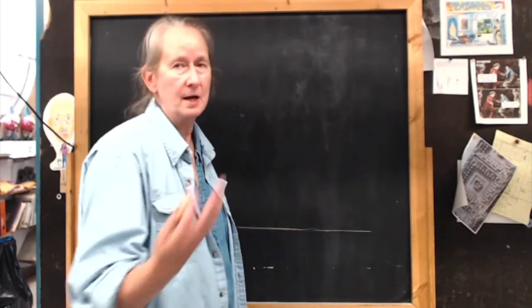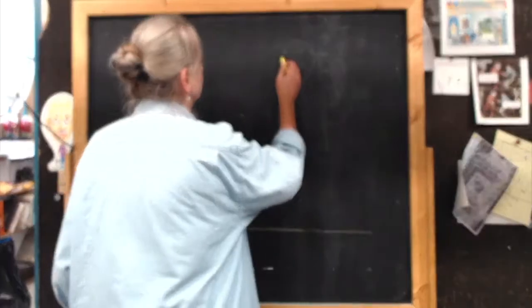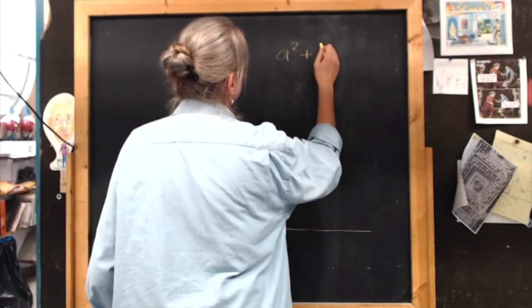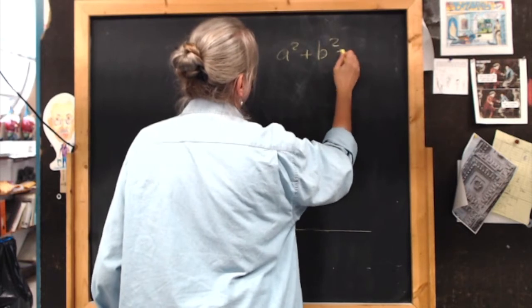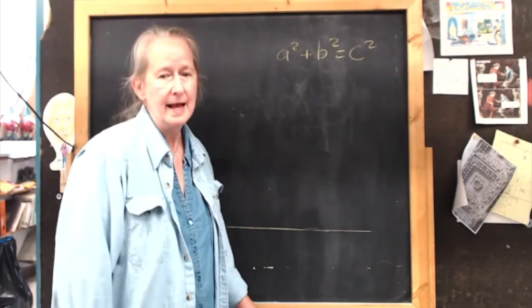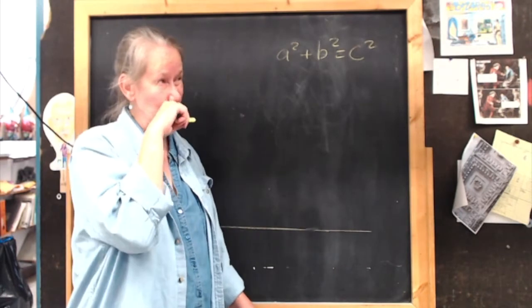If you look up the Pythagorean theorem, you're going to see a couple of things. You see one thing that looks like that, right? A squared plus B squared equals C squared.